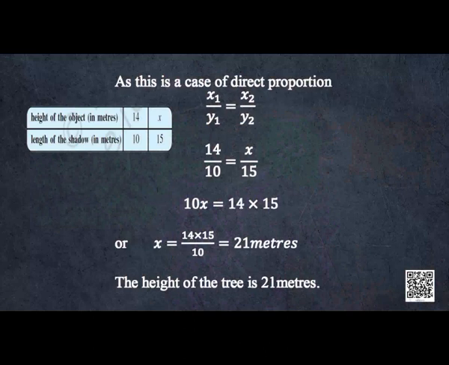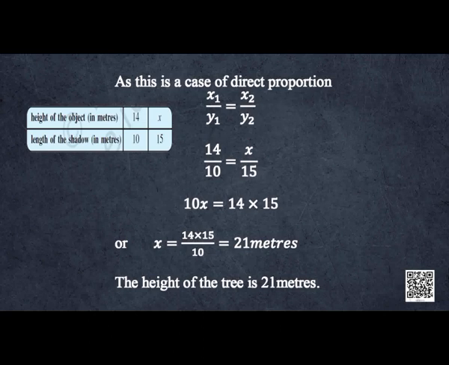Here x1 by y1 is equal to x2 by y2, where we take x1 as 14, x2 we have to find out, y1 as 10 and y2 as 15. Substituting these values, we will get 14 divided by 10 is equal to x divided by 15.